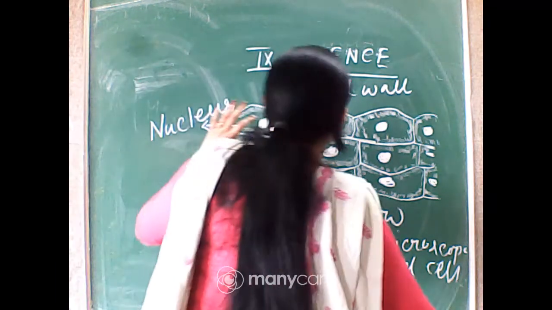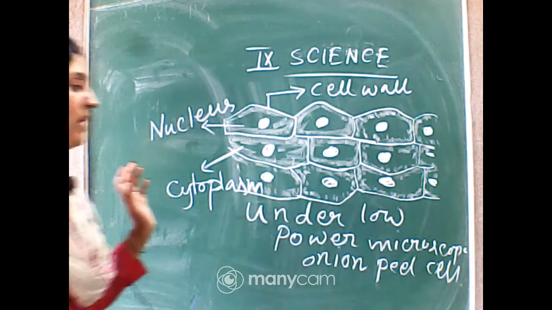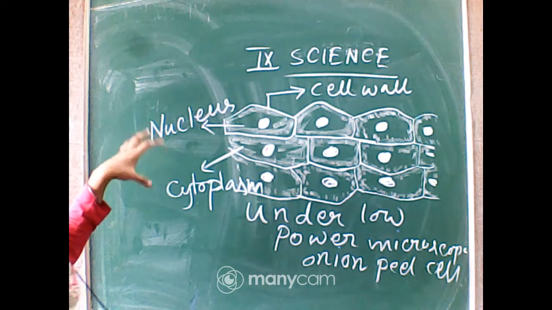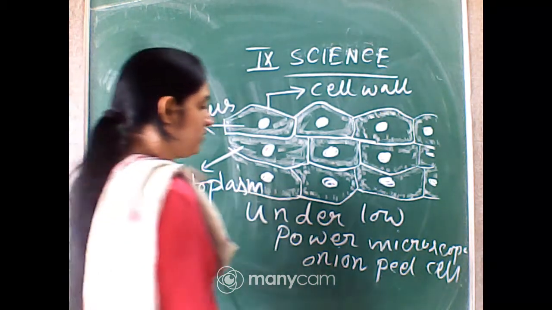You cannot clearly define which one is the cell wall and which one is the cell membrane. You just see the prominent nucleus and cytoplasm, and there is one boundary surrounding the cell.